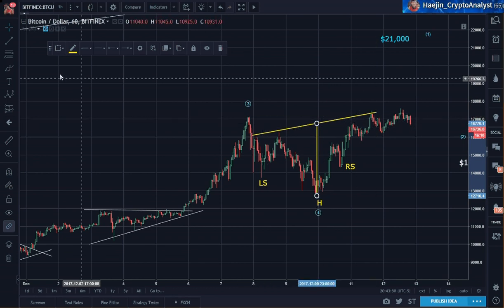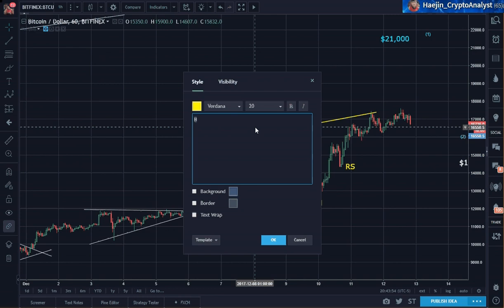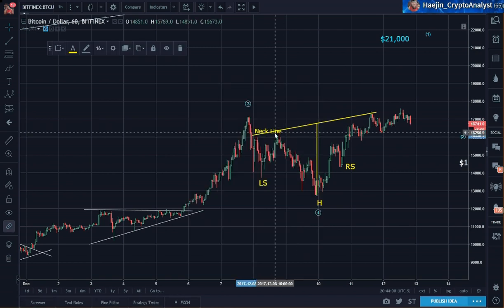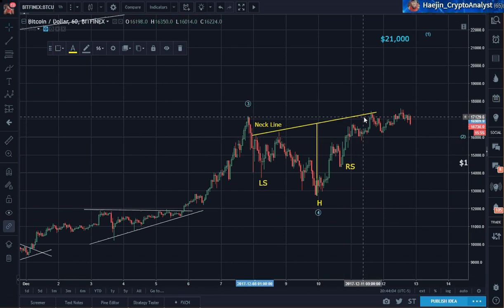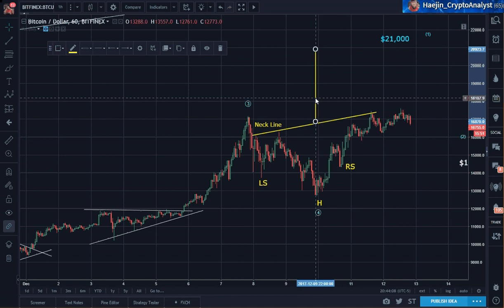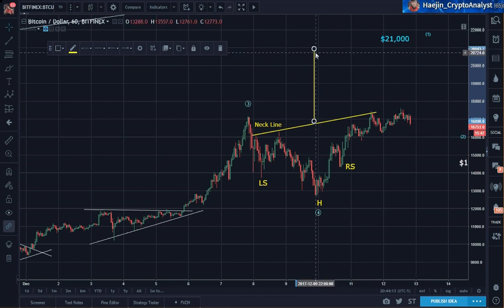This is called a neckline. Remember that. The neckline connects the shoulder, head, to the shoulder. Now I'm going to take this line and bring it right on top. Look at just about 21,000. That's not an accident.